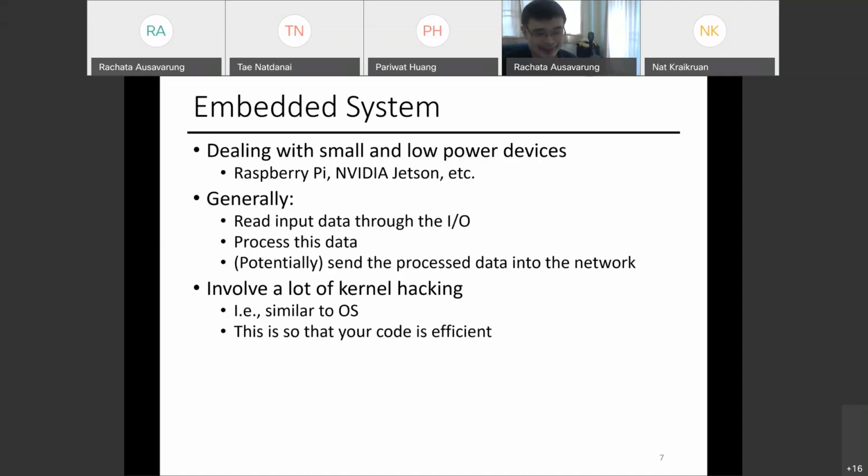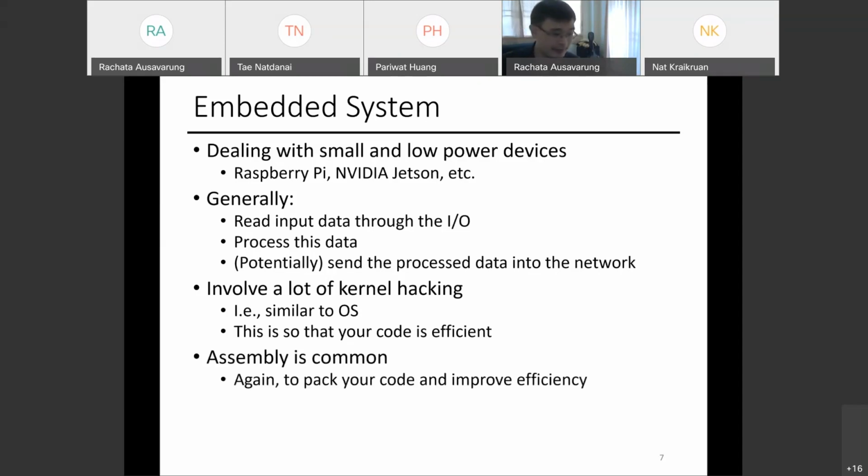So you have to think about, okay, this is the only thing I want the device to do, so I just need the support for that and not more. It also involves a lot of assembly code, basically writing code in assembly. So if you hate assembly, think about it when you go into embedded system, because you want to write things by hand to make sure you improve the code size, make it small, right?